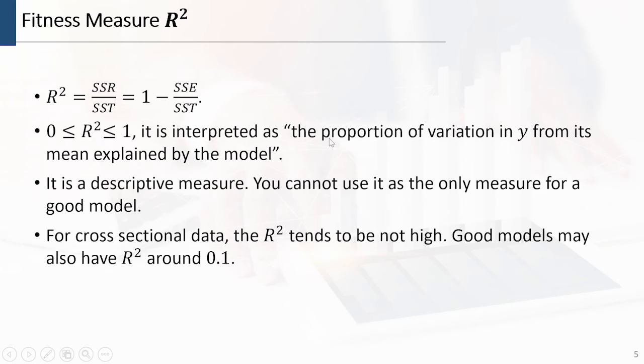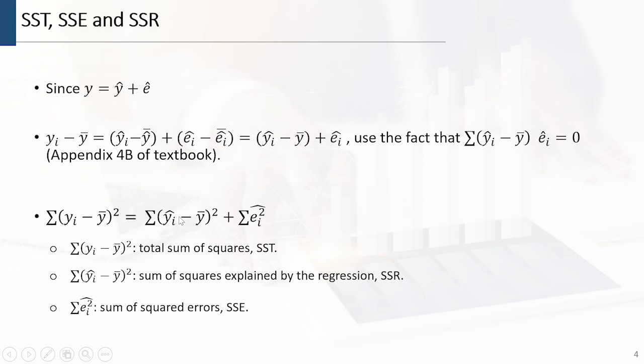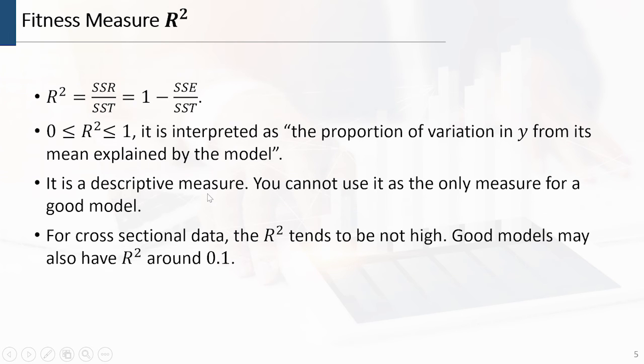It's interpreted as the fraction of the variation in y from its mean that can be explained by the model. So basically, we want to use y hat to explain the movement of y. So the fraction of this term divided by this term will be the part of the variation of y explained by the regression model.